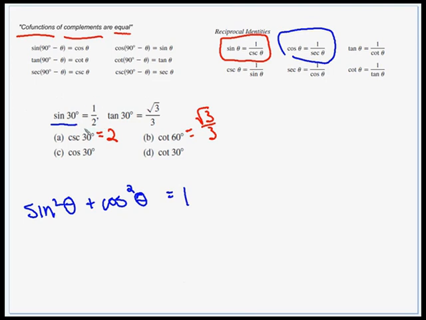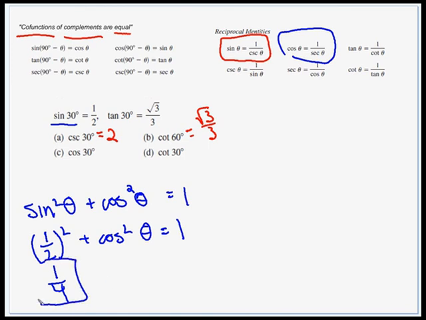So sine is 1/2, so that's 1/2 squared plus cos squared equals 1. And 1/2 squared is 1/4. I'm going to subtract 1/4 from both sides. So here we now know the cosine squared of this angle is 1 minus 1/4, which is 3/4.